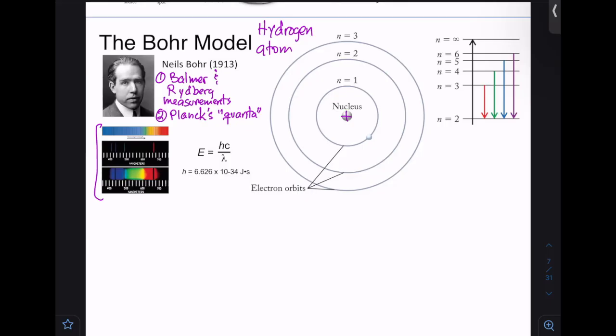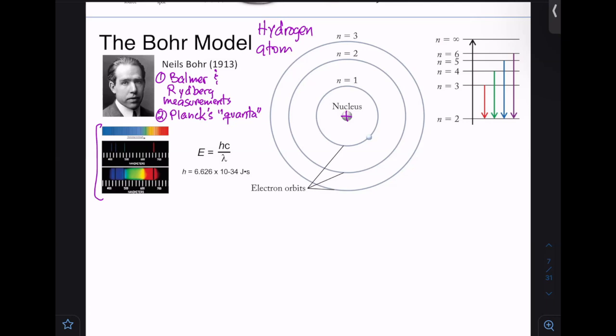So all we need to describe is the behavior of one electron in hydrogen as it's being excited when you put it in the flame, and then maybe as that excitation goes away, the electron will lose energy, and it will, what I like to say is, fall back to a lower energy state.